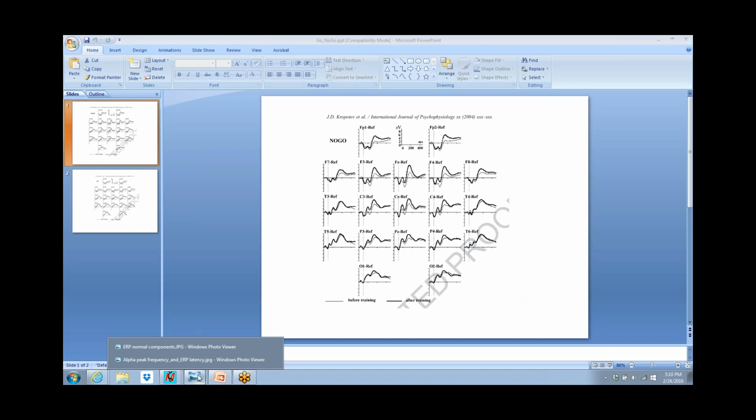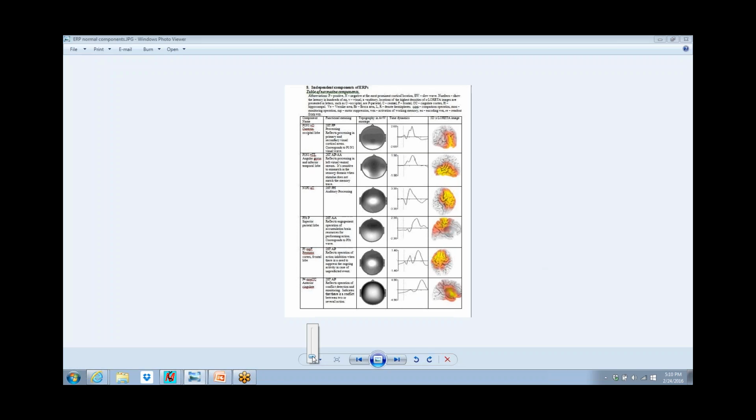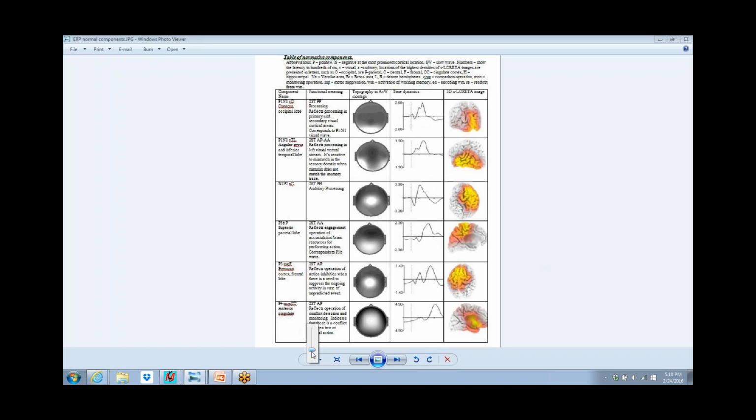Now, when we start to present stimuli, they actually have a fairly standardized way of occurring. And that complex waveform is actually a summation of all of these waveforms, some of them occurring fairly early, some of them occurring late.